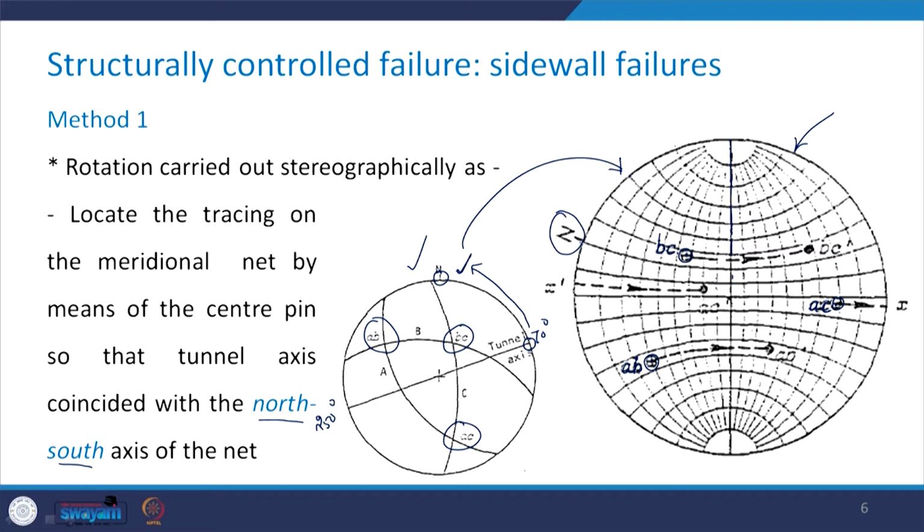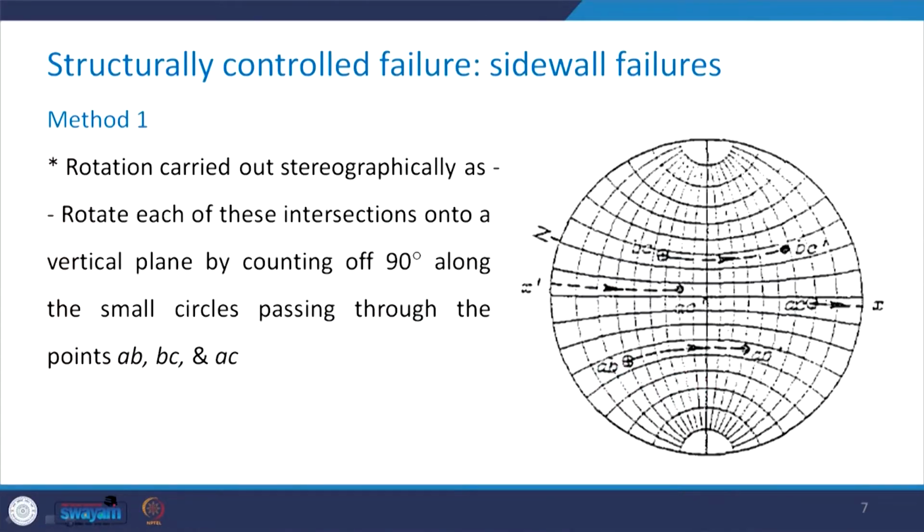So, once we know these points, we rotate each of these intersections onto a vertical plane by counting off 90 degrees along these small circles which are passing through the points AB, BC and AC respectively. Take a look here. This is the point BC.